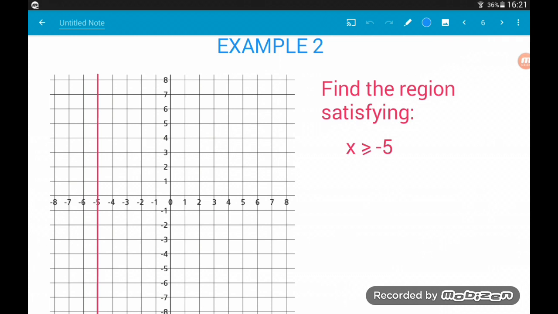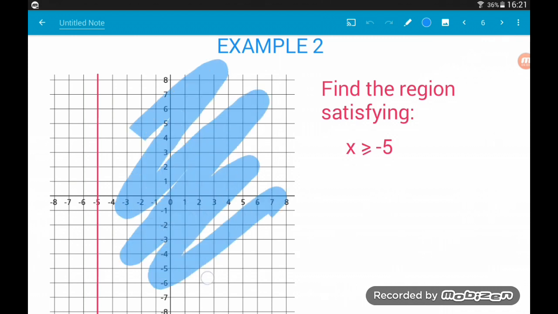It's an or equal to inequality, so it's a full line, and we want x to be greater than or equal to minus 5. When we're talking x inequalities, everywhere to the right of our line is greater, so we want everywhere over here. We don't want anything over here to the left of our line.